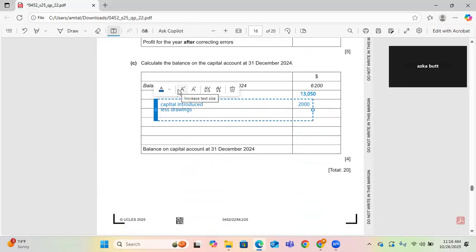Let me write it here. That is 11,260 plus 130. So it's equal to 11,390.